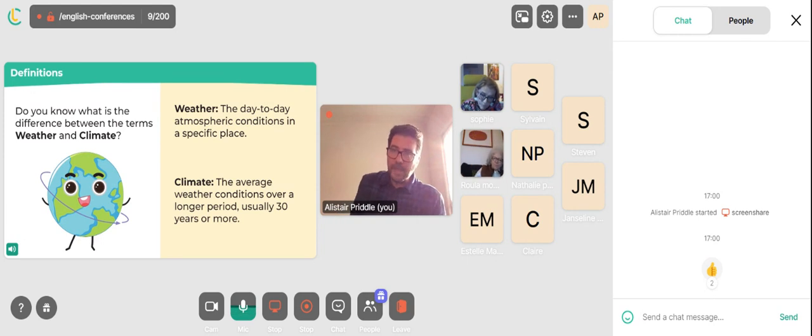Climate is the average weather conditions over a longer period, usually 30 years or more. So we use weather to talk about the day-to-day conditions in a specific place, and we talk about climate to talk about the long-term conditions.